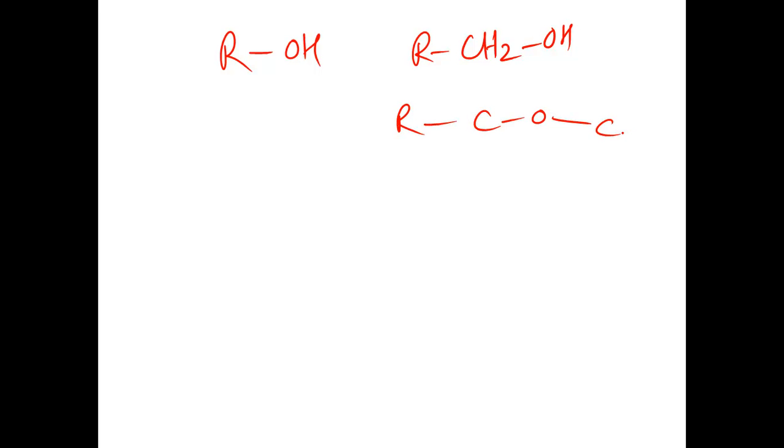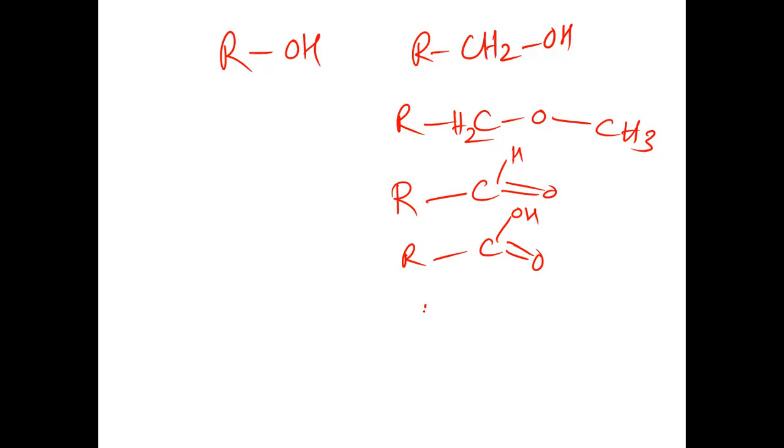We start with alcohol. We also focus on ethers, just to give you some examples. And we focus on aldehydes. We would discuss something about carboxylic acids, talk about esters, talk about amides.